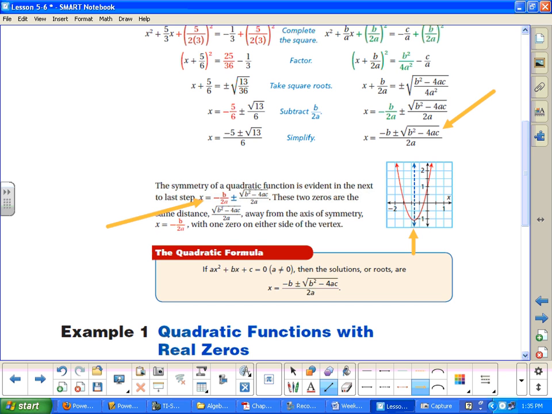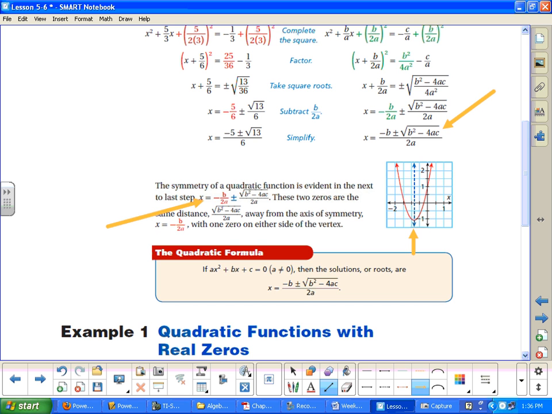Cuts the graph in half, and then the plus or minus part, okay, means that from that x value, we're going to add a certain number and subtract a certain number to find my zeros then. Okay? So the quadratic formula uses things that we've already looked at to help us find zeros. And so like I said, this is the way I'm always going to write it.